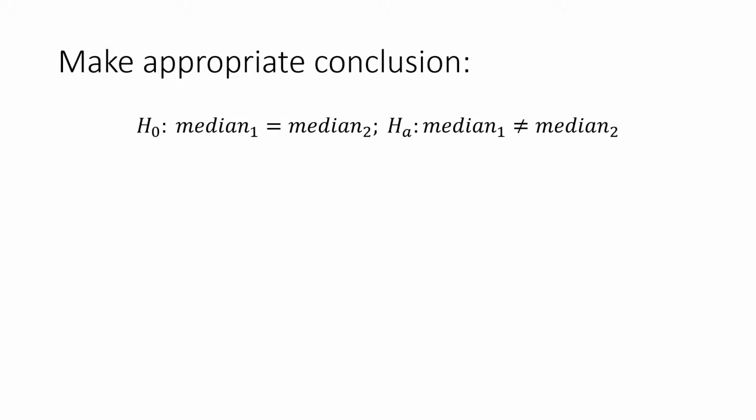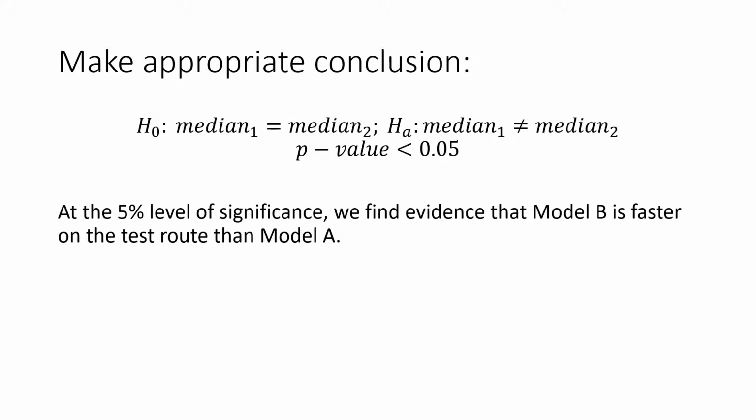Now we're going to make an appropriate conclusion. Remember that our null hypothesis was that the median time to complete the test route was the same for both model A and model B. Our p-value that we found was less than 0.05. This means at the 5% level of significance, we can reject the null hypothesis, and we find that model B is faster on the test route than model A. Now, how do I know that model B was faster?